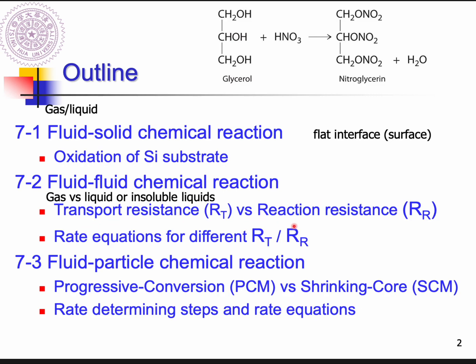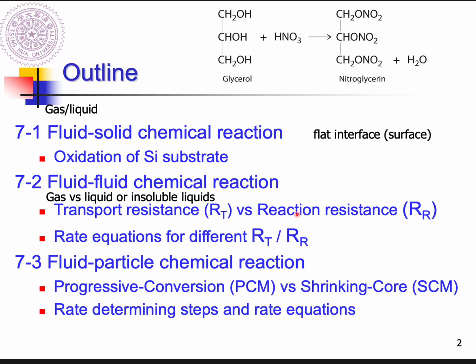Compared to the rate equation we learned in lecture 6, where you only focus on the reaction rate, because everything is happening in the same phase, so you didn't consider the transport part. But in lecture 7, we do have different phases involved in this heterogeneous chemical reaction.